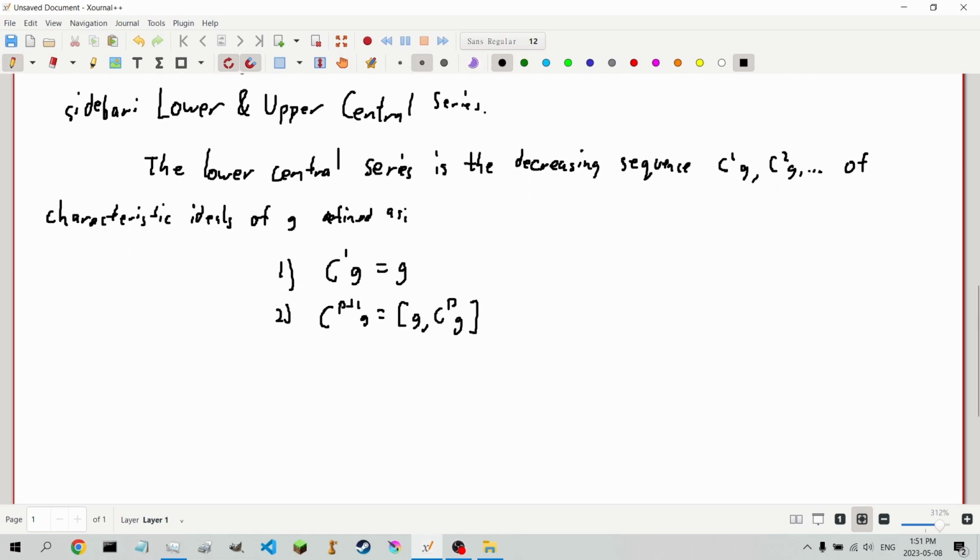We also have, related, the derived series.